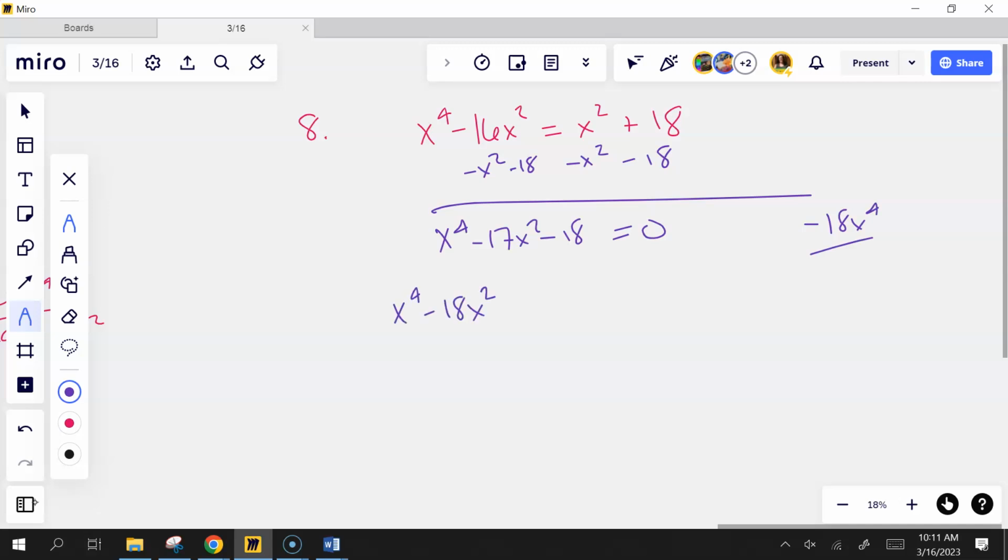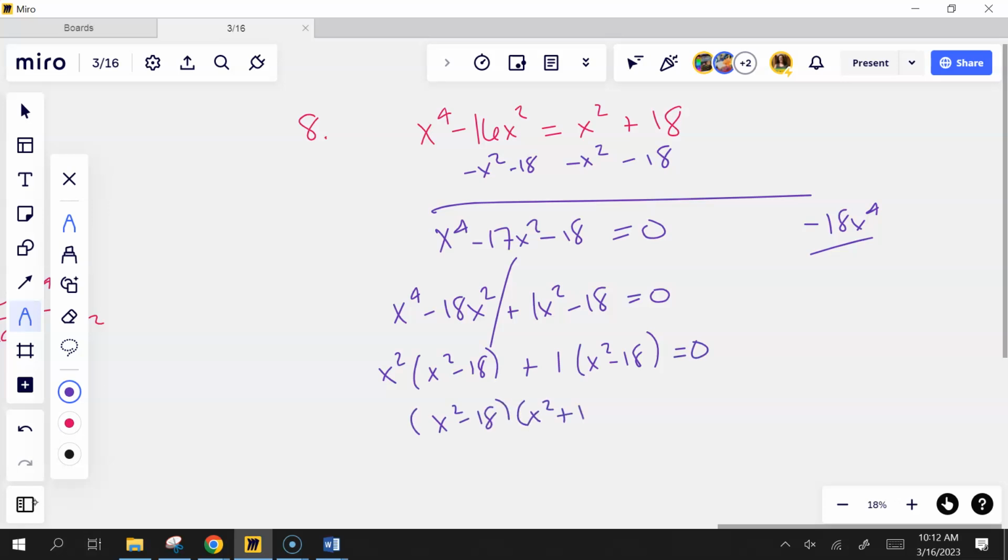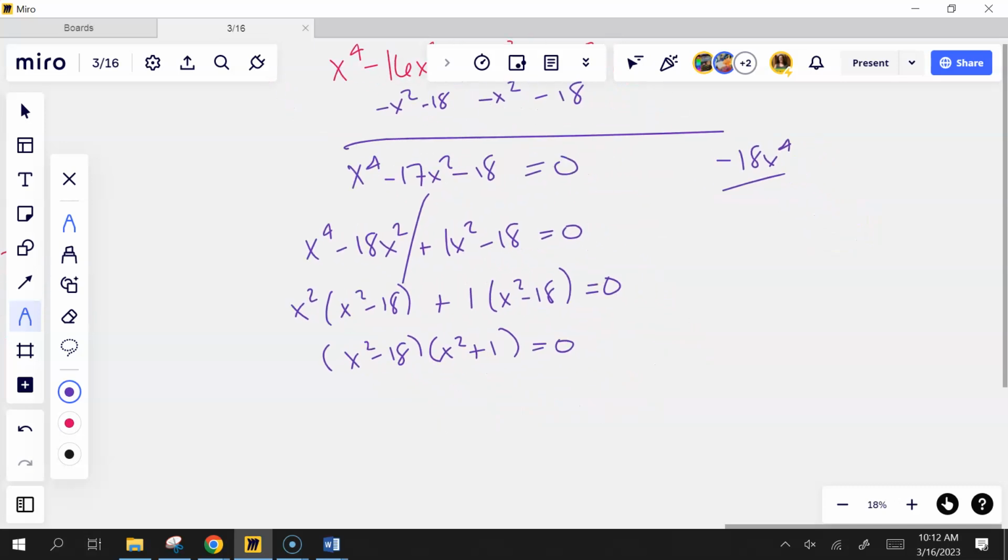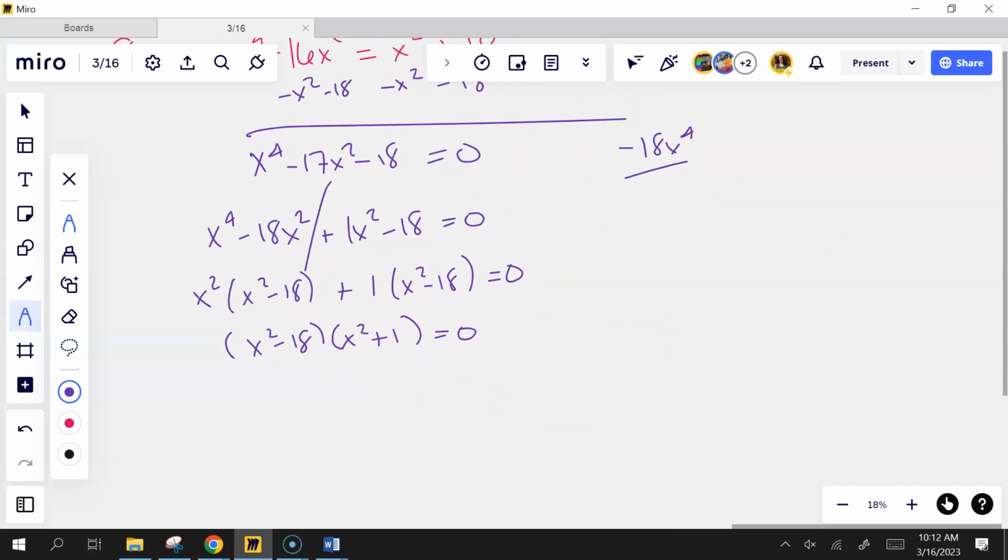Negative 18 and positive 1. What can I take out of the first two? x squared. x squared minus 18. Dang it, is I left. I never get these. 1. So I have x squared minus 18 and x squared plus 1, and I can't factor either of those any further, so I go ahead and set the pieces to 0. x squared minus 18 equals 0. x squared plus 1 equals 0.